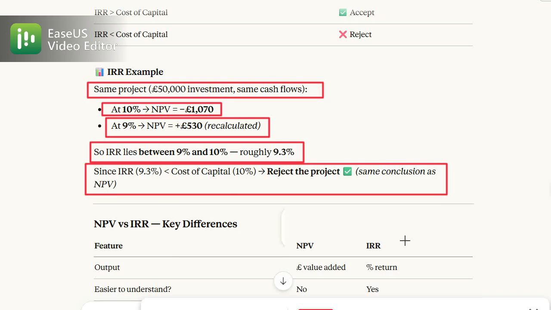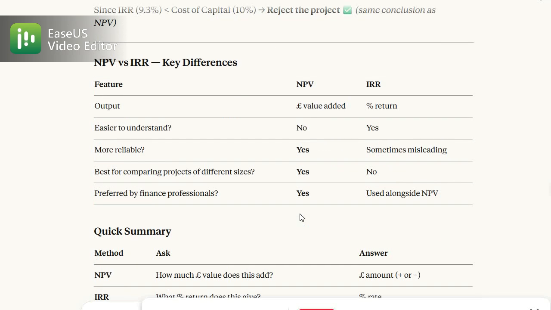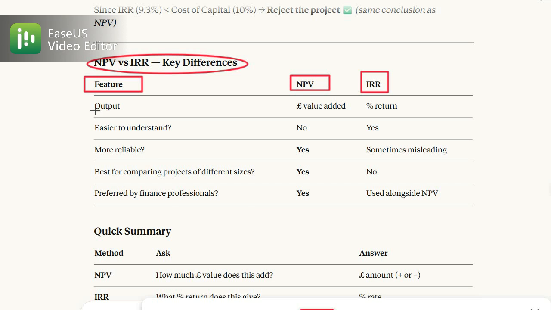Now let me show you the NPV and IRR key differences. This is the NPV, and this is the internal rate of return. The output of NPV is the value added, and the output of IRR is a percentage.